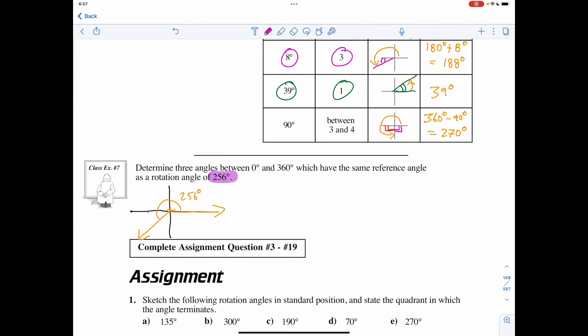I'm going to solve for what that rotation angle is. So it would be going back to the 180. My rotation angle is going to be 256 minus 180, or 76 degrees.